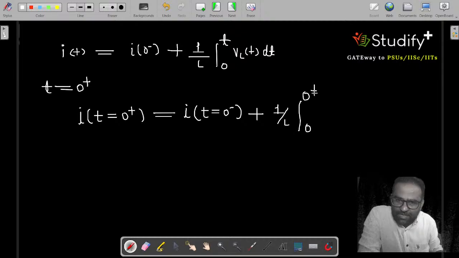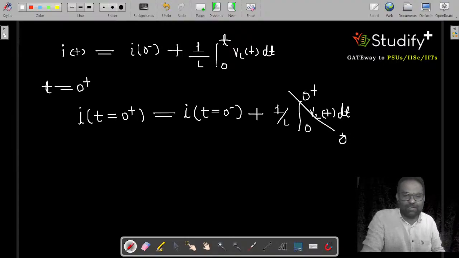The integral over a single point is 0, because the integral from 0 to 0+ is 0.